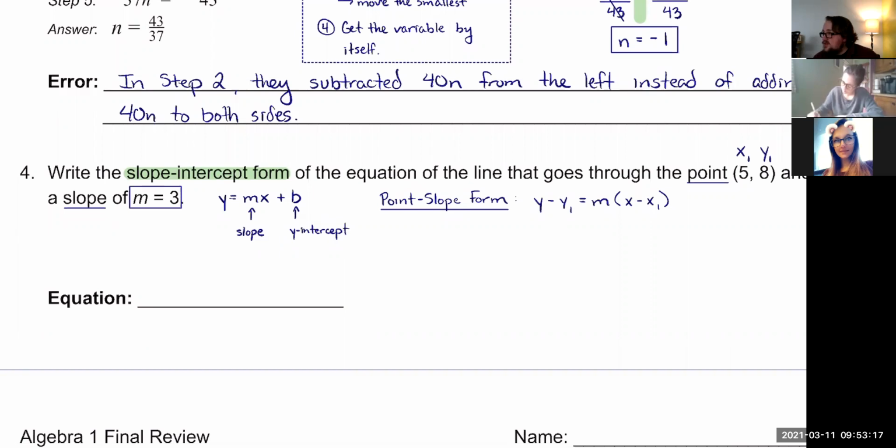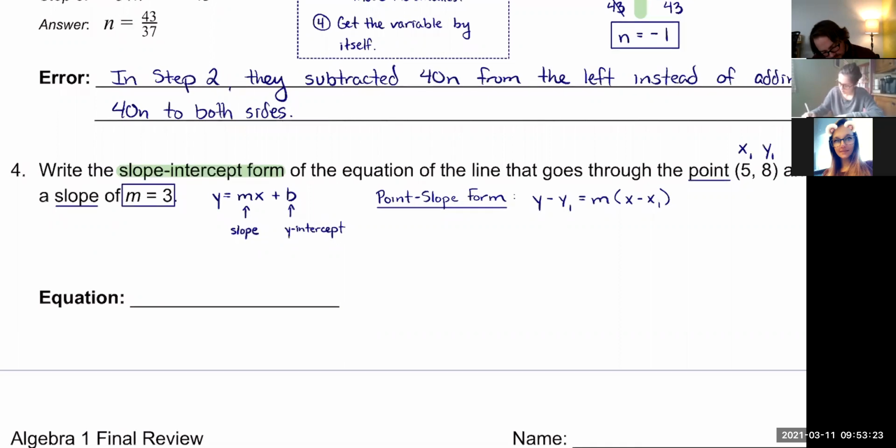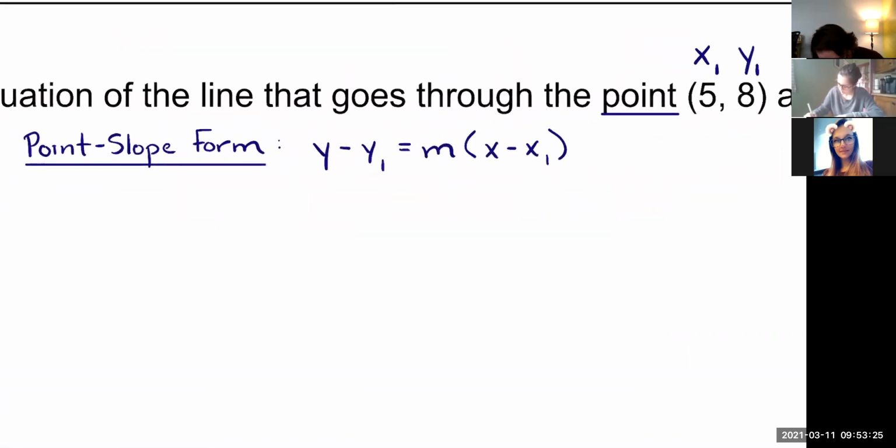Now it's just a matter of dropping them into the appropriate locations. So we'll have y minus y1, which is my 8, equals m, my slope, which we were told is 3. And then in parentheses, we'll have x minus x1, which I've labeled as my 5.